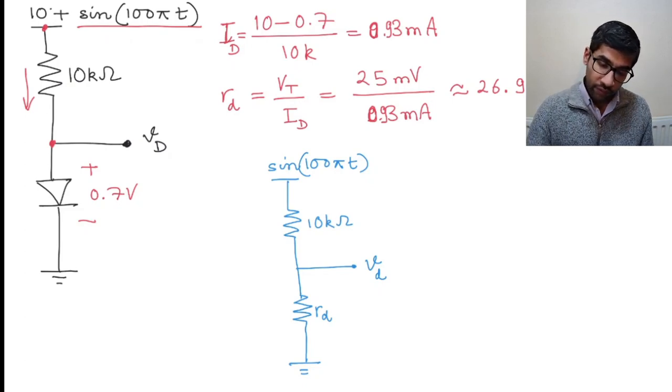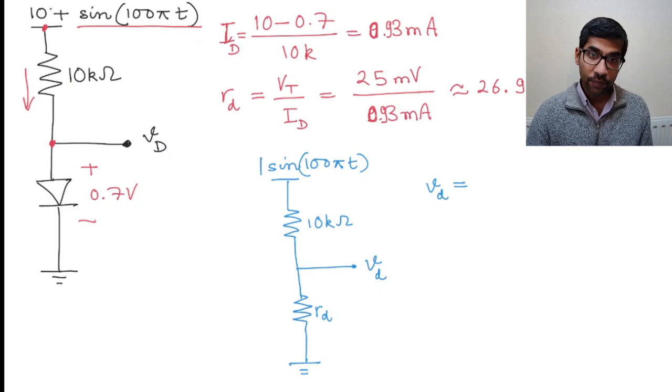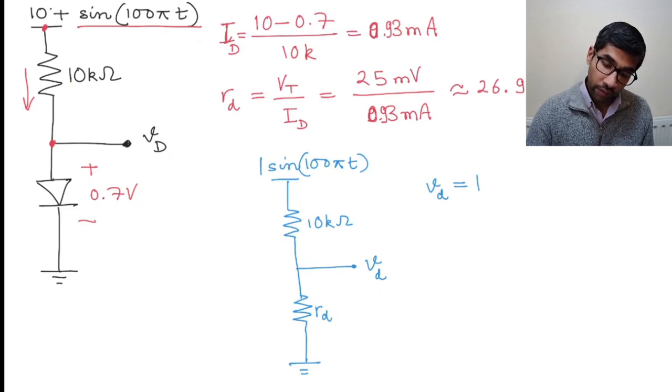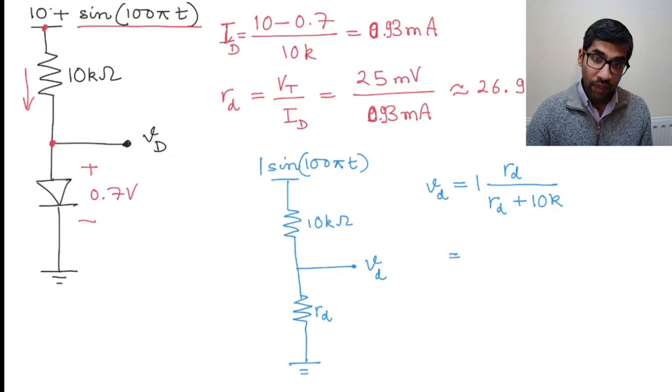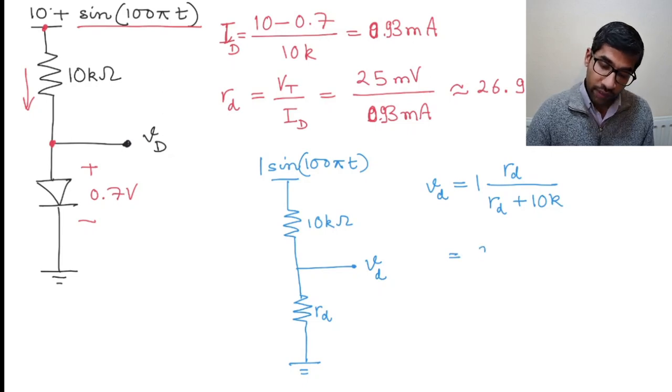Now this circuit is just a voltage divider, so v_d equals 1 sine 100 pi t, so the amplitude is 1, times r_d divided by r_d plus 10 kilo ohms. If you substitute the value of r_d and calculate it, you get v_d equal to 2.68 millivolts.